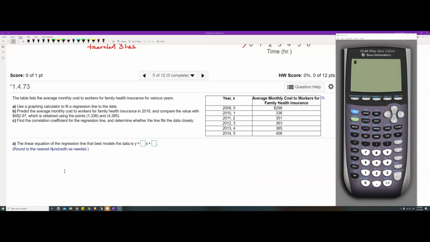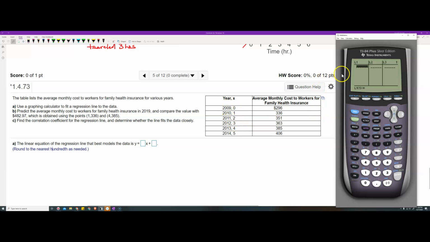The table lists the average monthly costs to workers for family health insurance for various years. Use a graphing calculator to fit a regression line to the data. So to do that on your TI-84, press the Stat key, choose Edit, and in List 1 you're going to put the value of how many years since 2009.